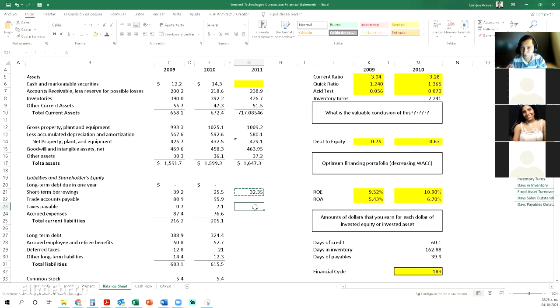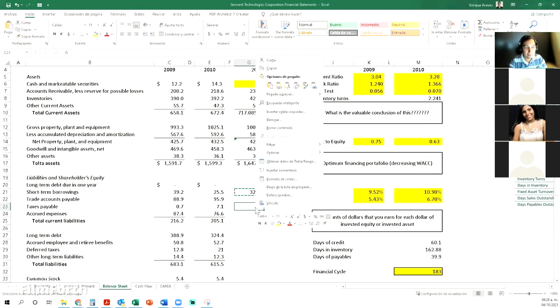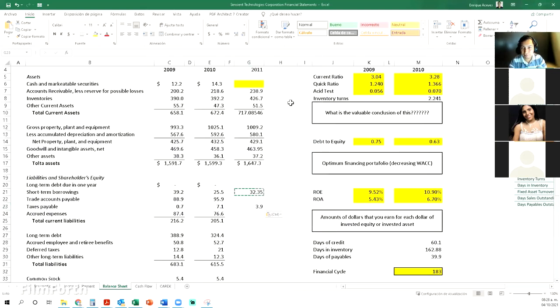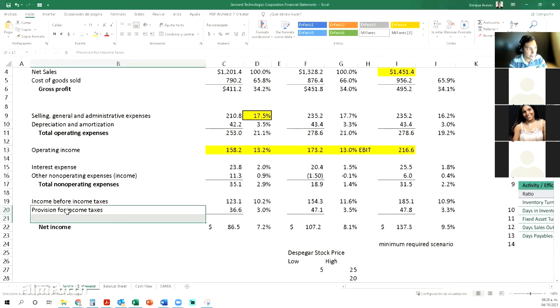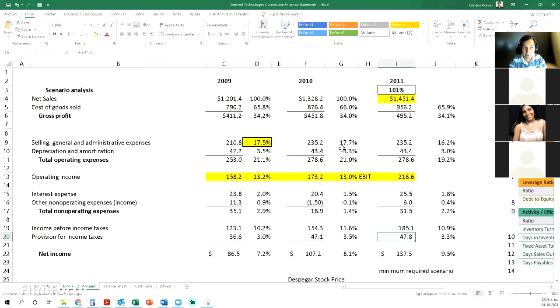So you will know this line by the end of the year, but we can also apply an average. No worries about that. More than an average, I would use the income statement. Remember that there is a line, a provision of income taxes. So let's do the 100% line. We can use this one, no?